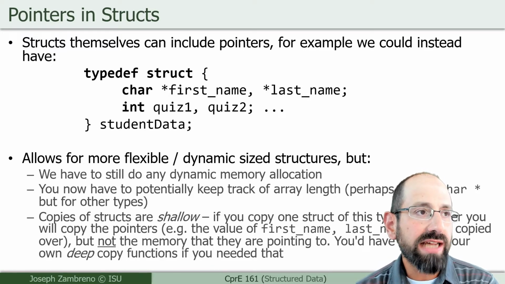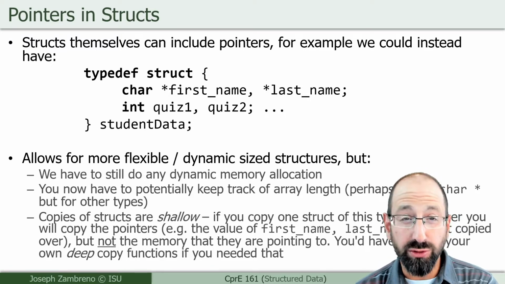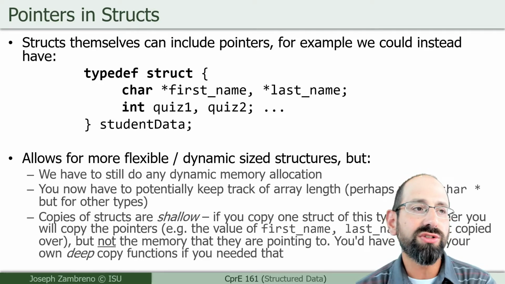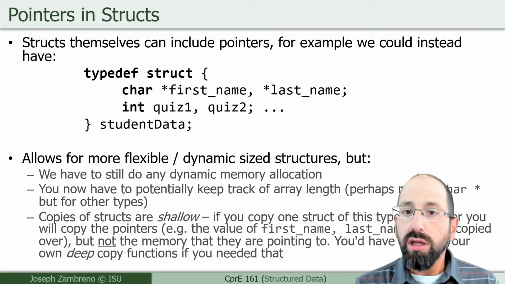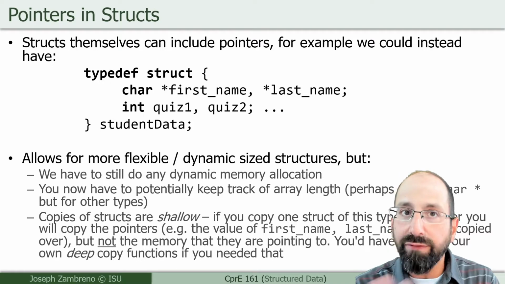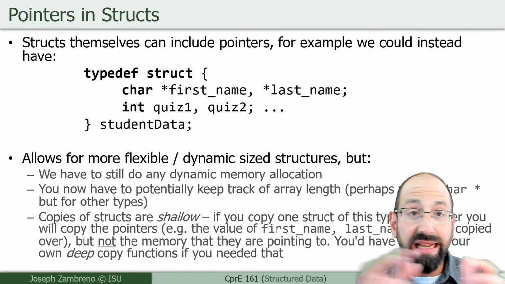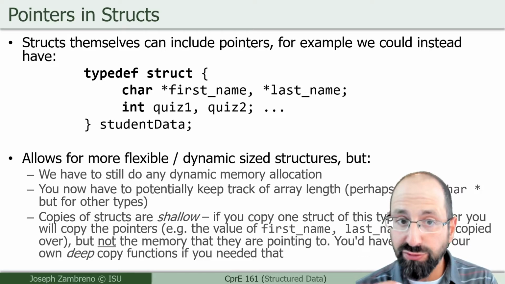If it's a string type, we don't necessarily have to store the length of first name and last name, because we can always calculate the length of a string using the string length function. But for other dynamic array types, we would have to store the length associated with it. So it's perfectly valid, and allows you to dynamically resize the structure's contents.